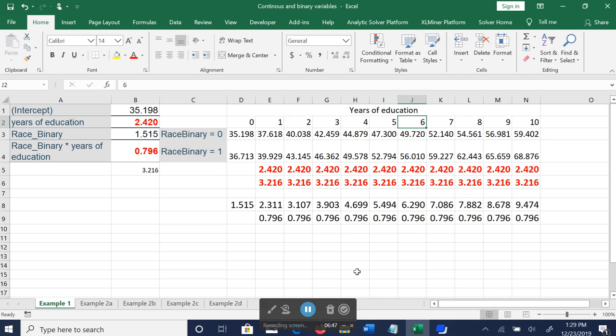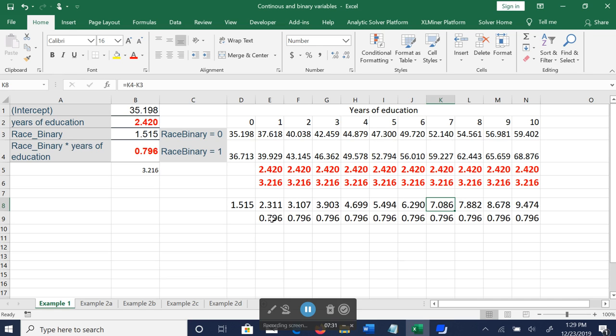So, if we want to look at how racial differences in income change with additional years of schooling, this is what we do. For those with no education, the racial gaps in income is about $1,500. For those with 1 year of schooling, the gaps in income is slightly over $2,300. For those with 2 years of schooling, the gaps in income is slightly over $3,100, and so on and so forth.